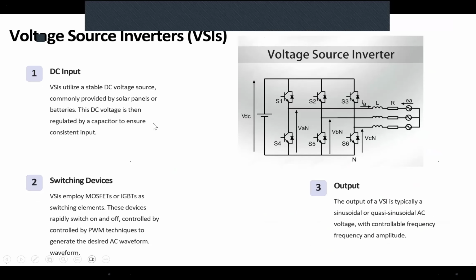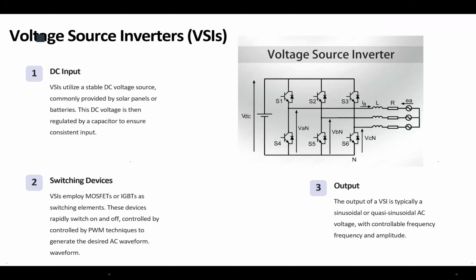So what is the voltage source inverter? Okay, let's talk about the definition. In the voltage source inverter, basically as an input we have a stable DC voltage source. And when we talk about the stable DC voltage source, that means we have a regulated DC voltage, which we normally regulate using a capacitor at the input.